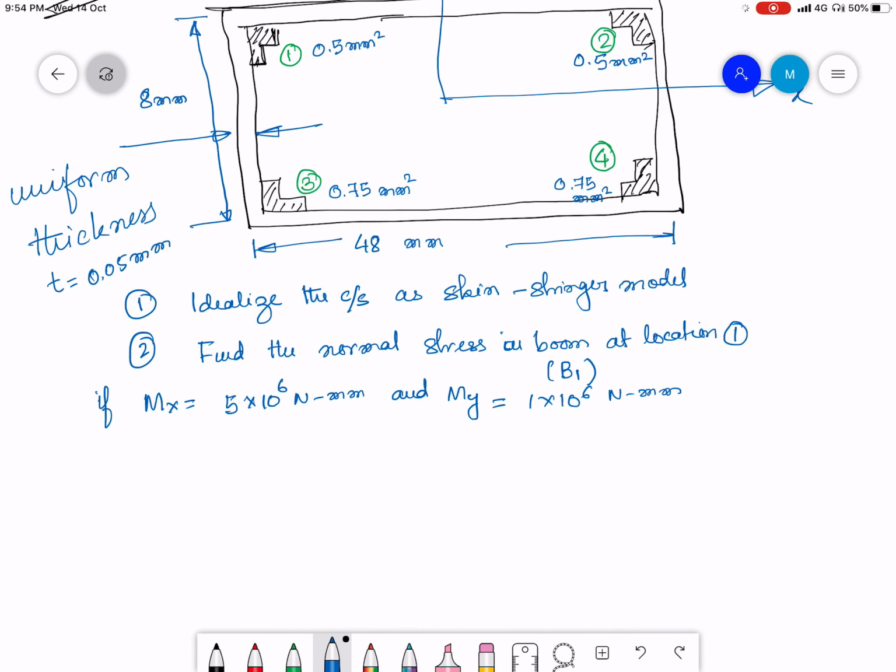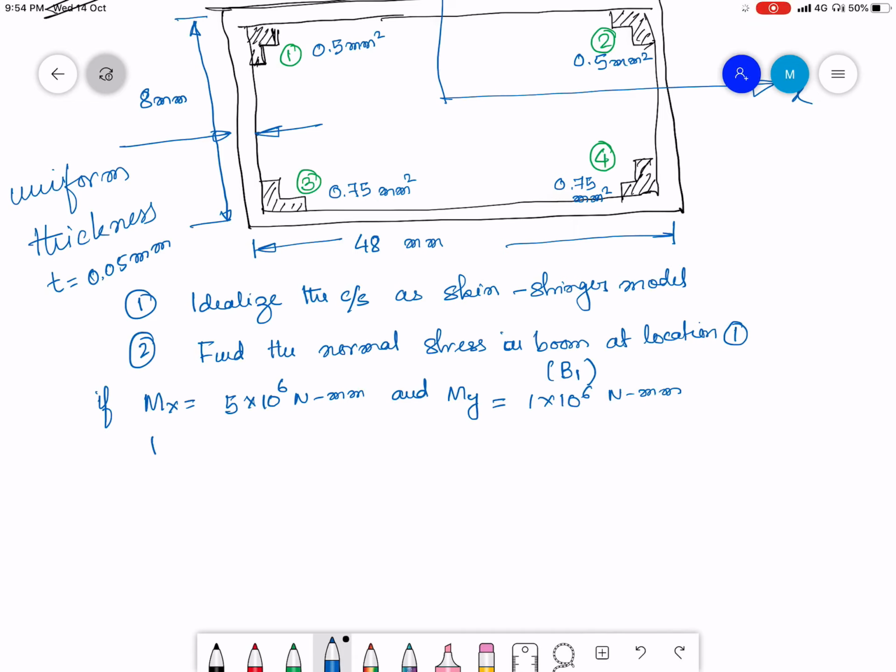Okay, so as we have said earlier, since Mx is sufficiently more than My, and Mx seems to be the predominant moment, then I would try to equate Ixx to Ixx-A.